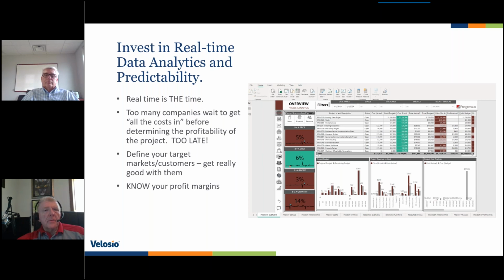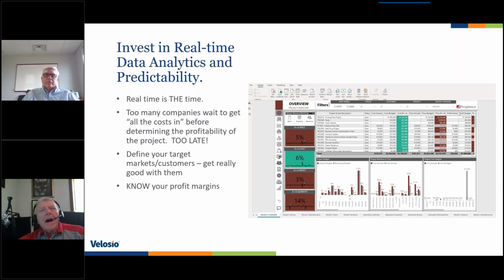I talk many times about some of the companies that we talk to, and it's a conversation that I've had 100 times: how do you know your projects are profitable and how do you determine those kinds of things? The answer far too frequently is, we wait till all the expenses are in, we wait till all the hours are in, and then we run an analysis post-mortem on the project to see if we made money or not.